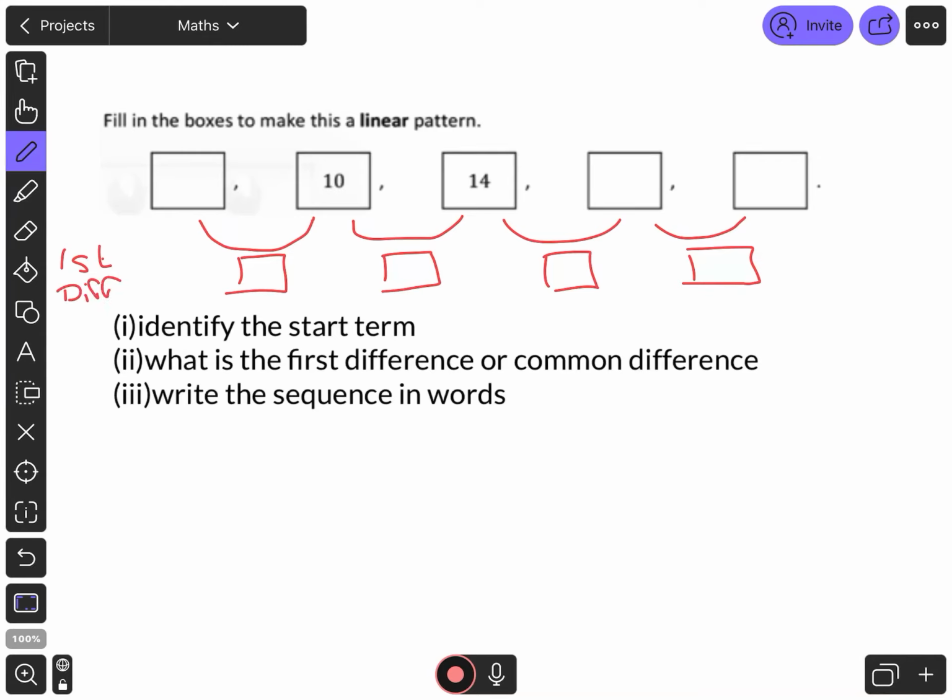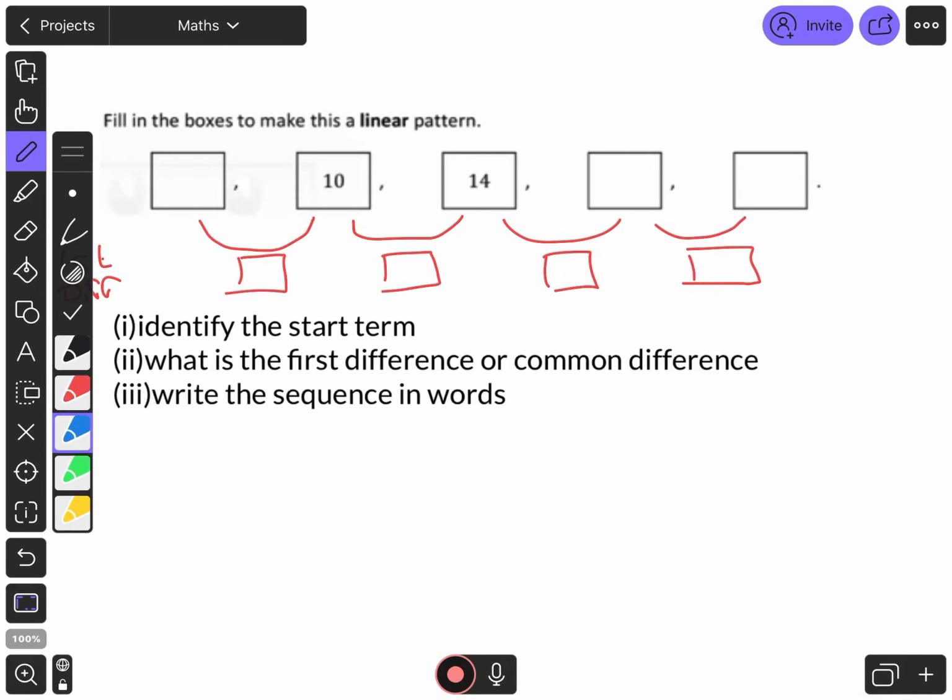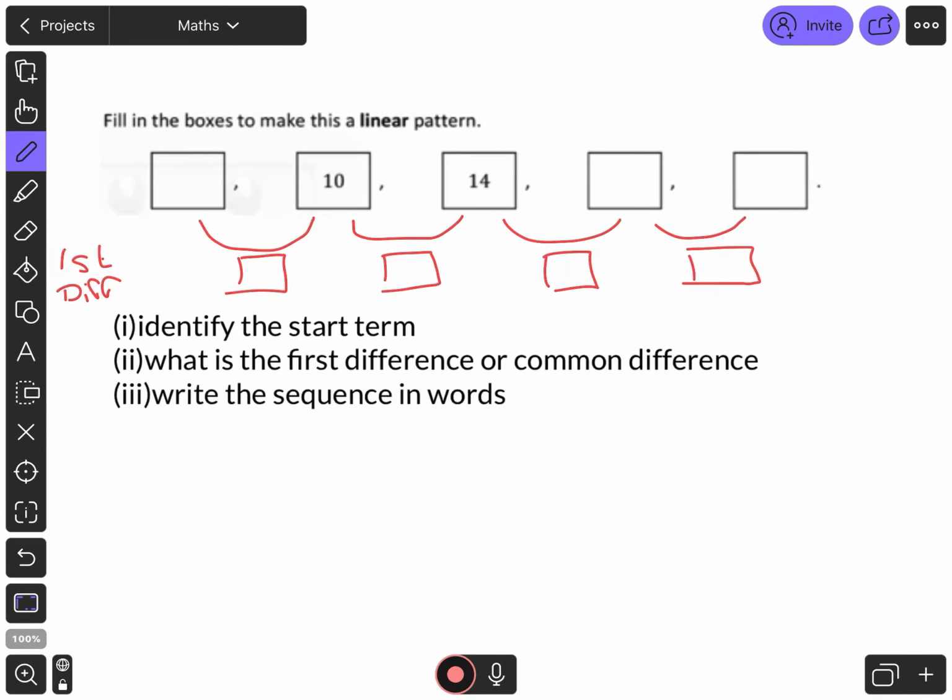So to get from 10 to 14, I must plus 4. Because they have told me this is a linear pattern, I know the rest of these are going to be a plus 4, because my first difference has to be the same for a linear pattern.